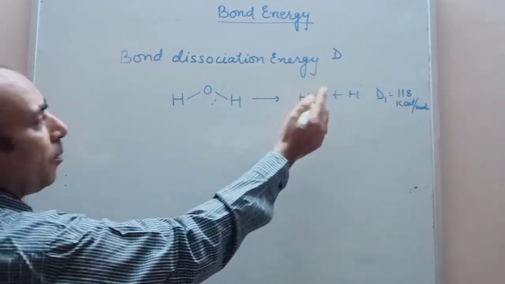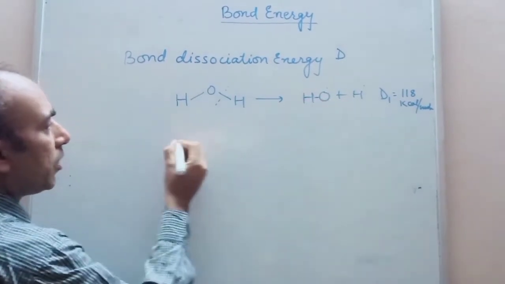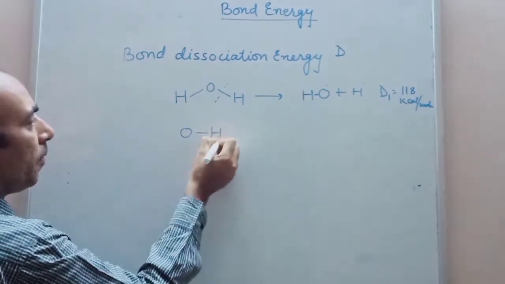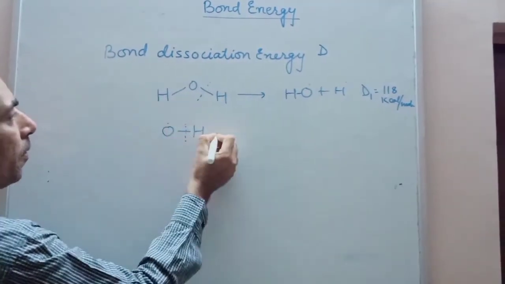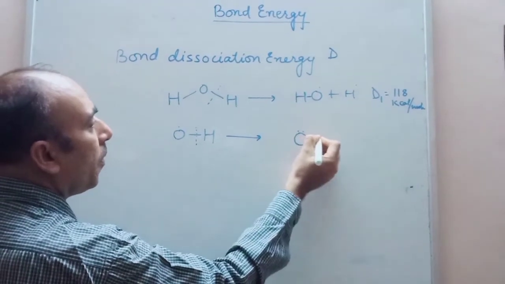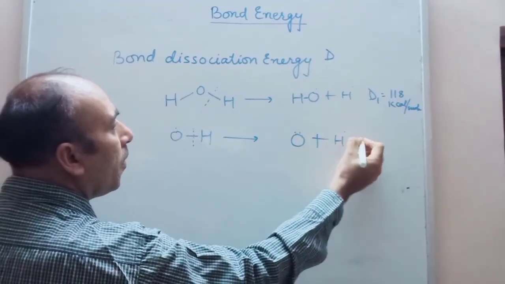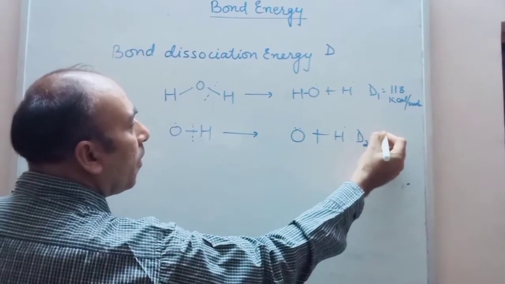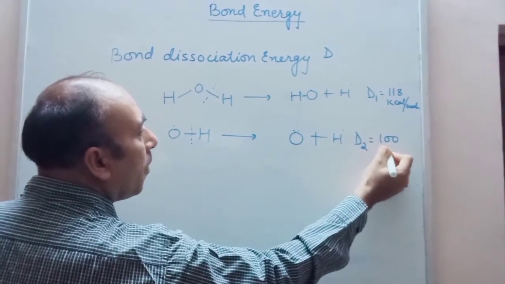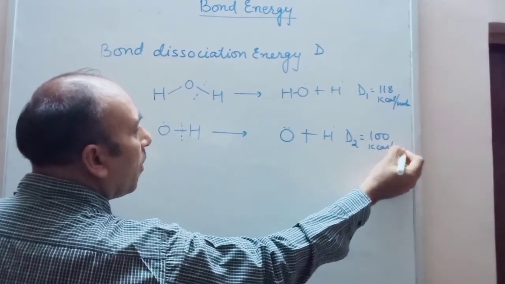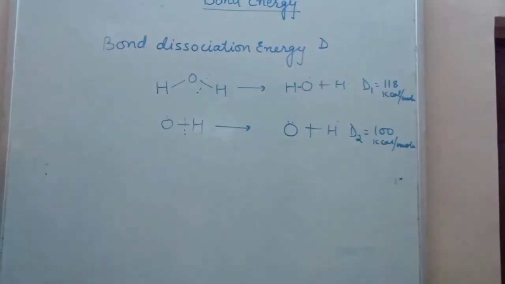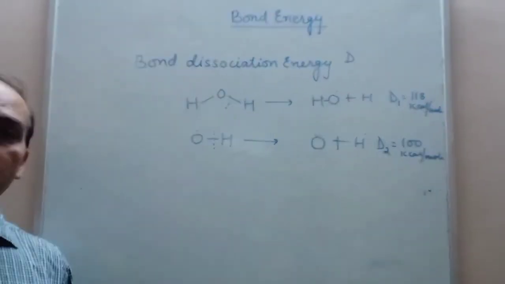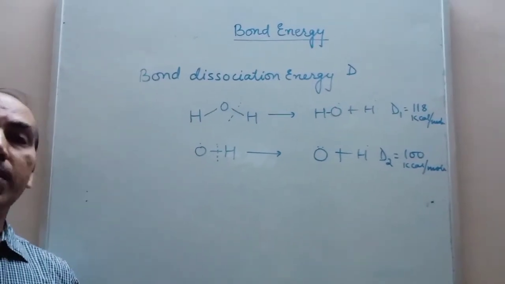Again, when we break the bond of the other OH, this energy is 100 kilocalorie per mole. In this way, the bond dissociation energy is the energy to break a particular bond in a molecule.